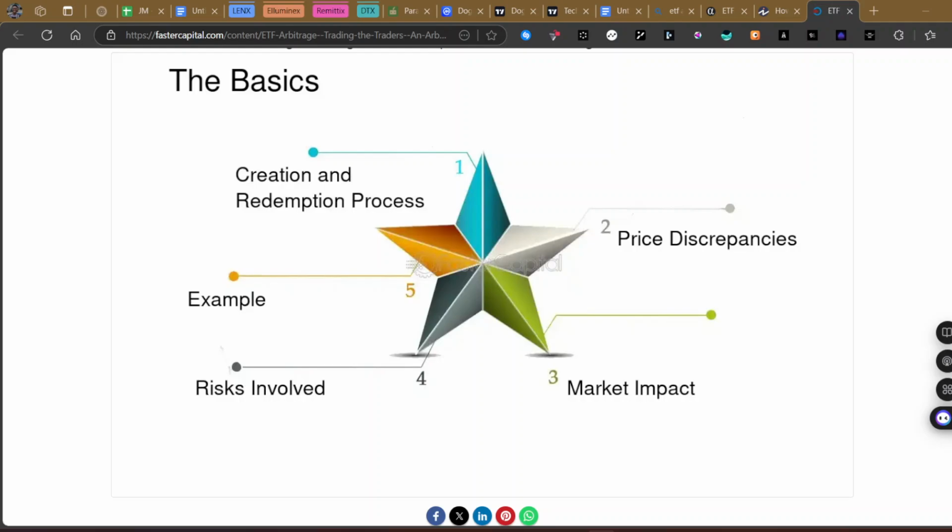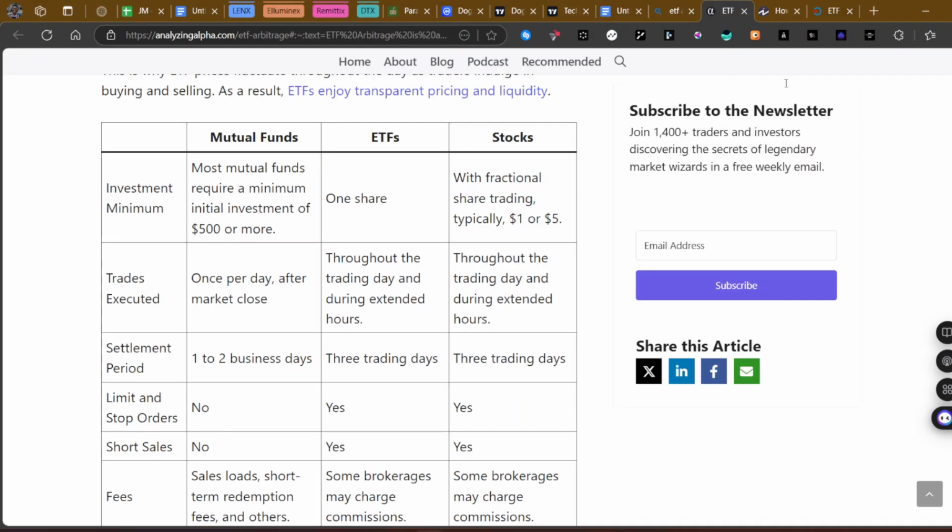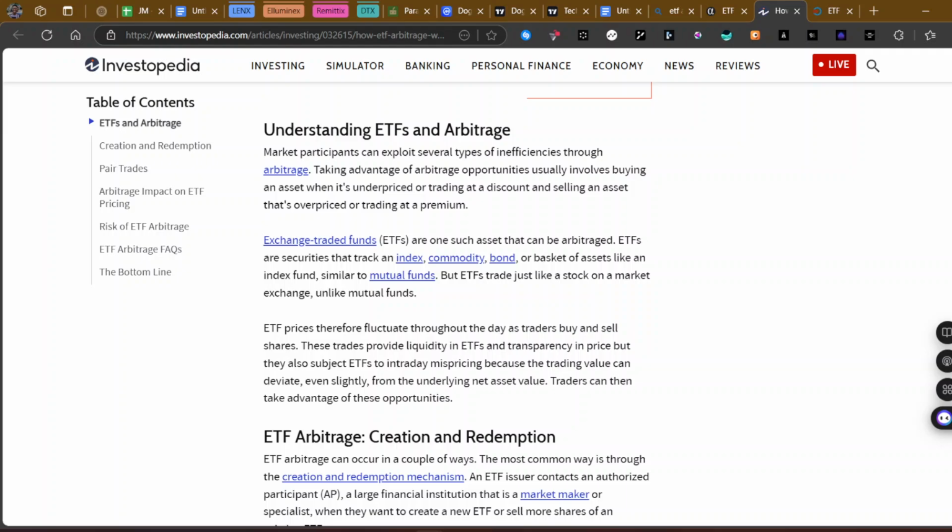Let us get started. So what exactly is ETF arbitrage? Now, the concept behind it is pretty simple, right? In the world of financial markets, ETFs represent baskets of assets that are traded on an exchange, right? Just like individual stocks. Now, these ETFs can sometimes trade at a price that is slightly different from the value of the underlying assets in the ETF.